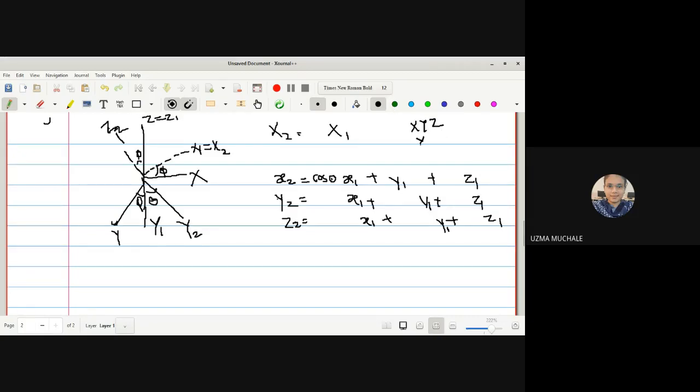The angle between x1, y1, z1 will also be 90 degrees, right? Again the angle between x2, y2, z2, because these are the new 3D space, right? So if x2, y2, z2 is a new 3D space, now we have to find the angle between y2 and x1. Yes, can anyone tell me what is the angle between y2 and x1?